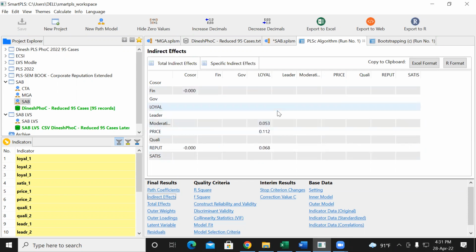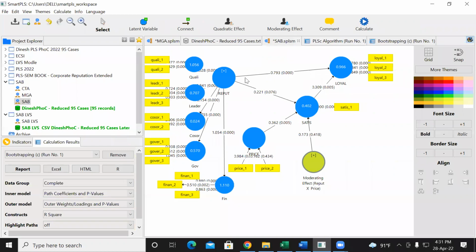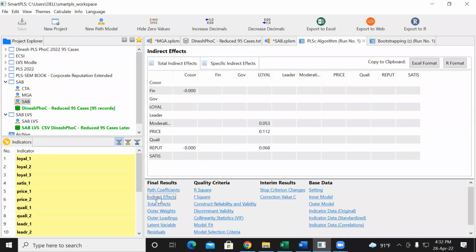Now, there are different indirect effects for different variables. My concern is this: the indirect effect of reputation on loyalty. Therefore, you have to find this one. Yes, indirect effect.